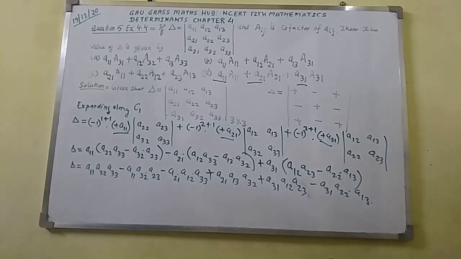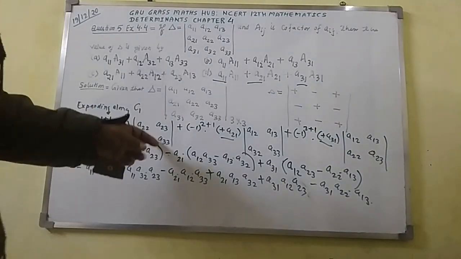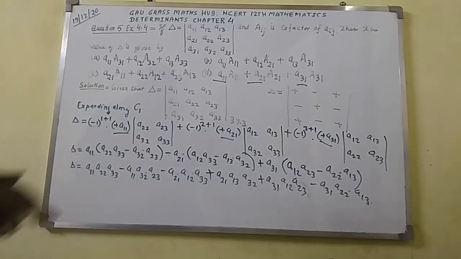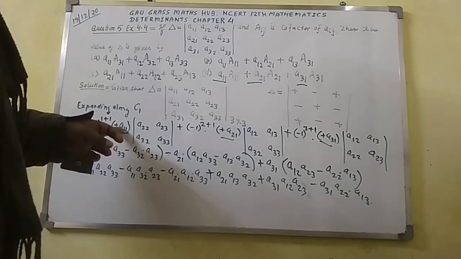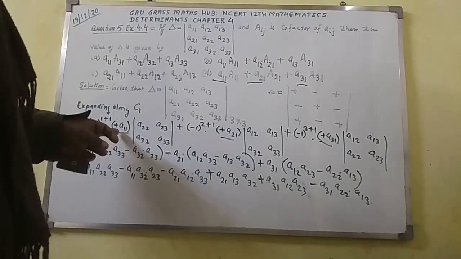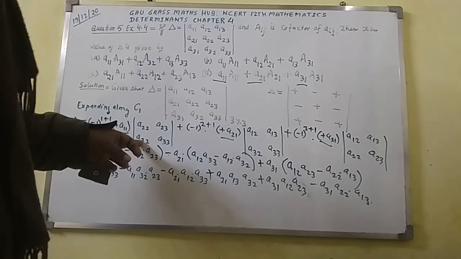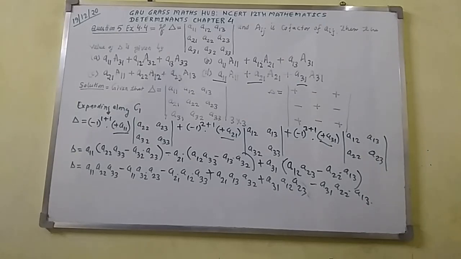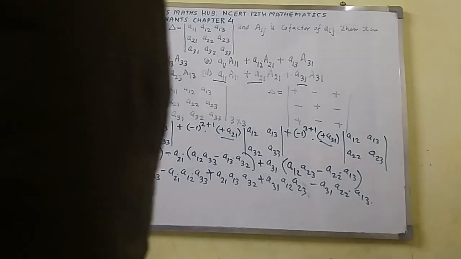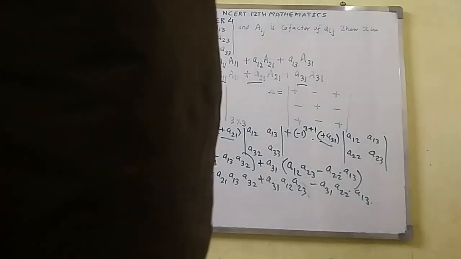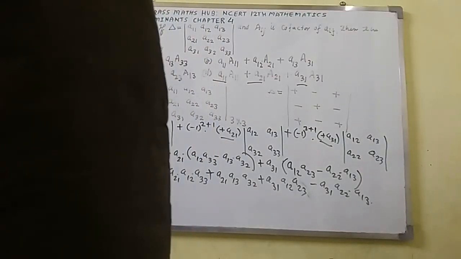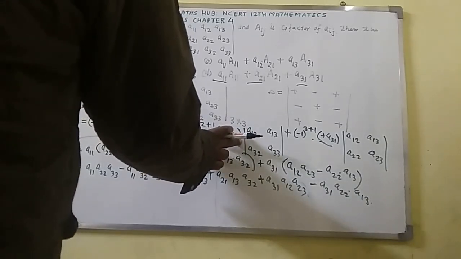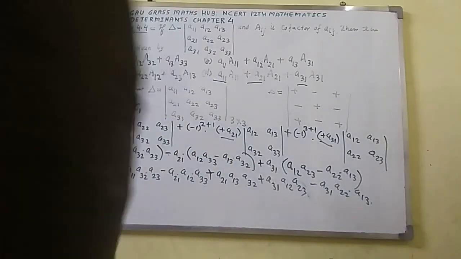Now minor you have to decide. There is a minor. The minor of A11 is capital A11. And here you will get minor of A21, and here you get minor cofactor. This is the cofactor. This whole term will be written as cofactor.